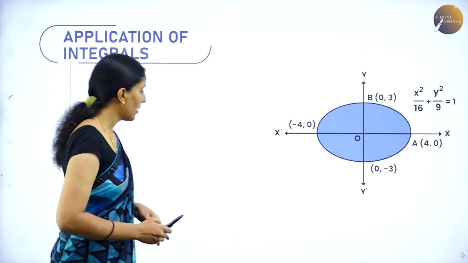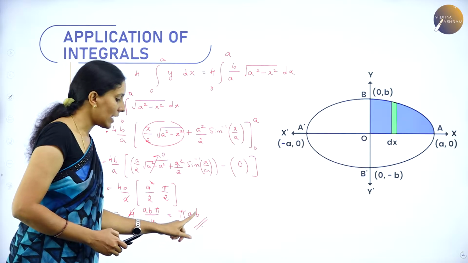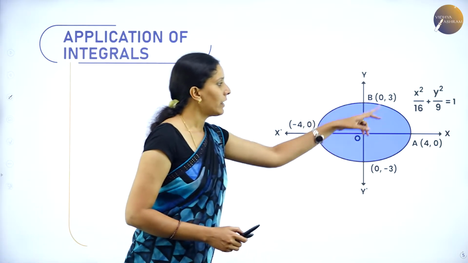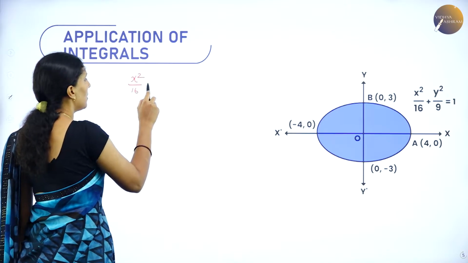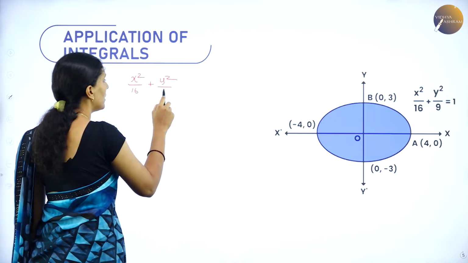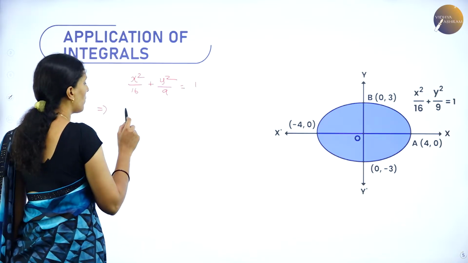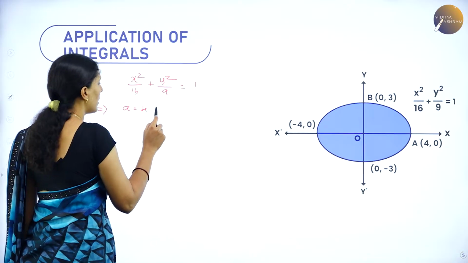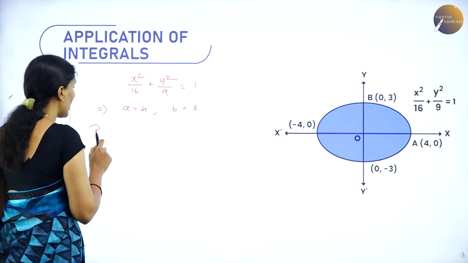We know that by the method of integration, the area of an ellipse is pi AB. We are given the standard equation x square by 16 plus y square by 9 is equal to 1. This is a square, so the value of a is 4, and this is b square, so the value of b is 3.